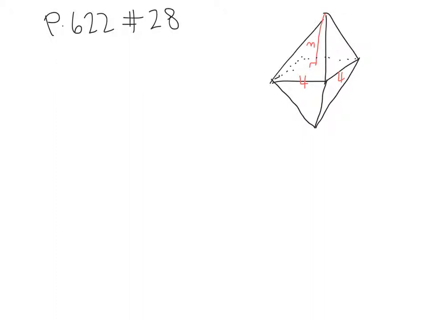So any covered parts don't matter. So we have the volume of a pyramid is 1/3 the area of the base times the height, not the slant height this time, just the regular height that is perpendicular to the base.